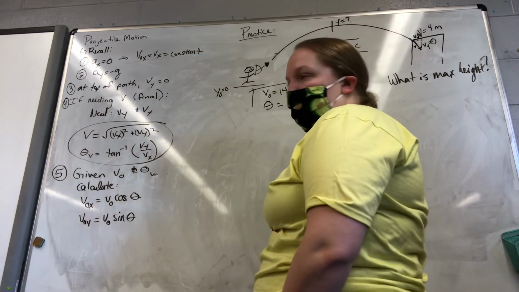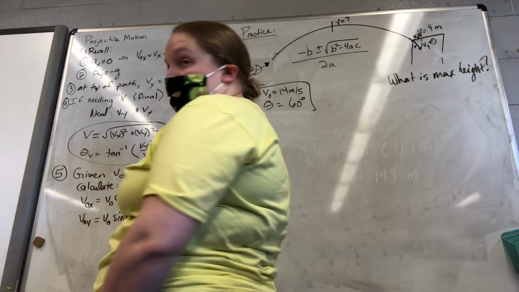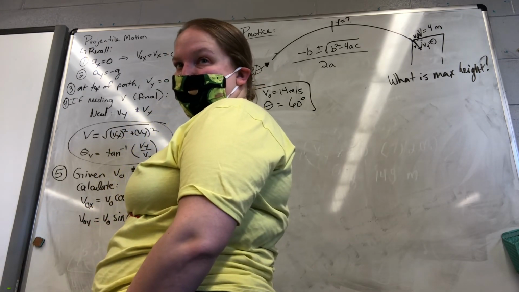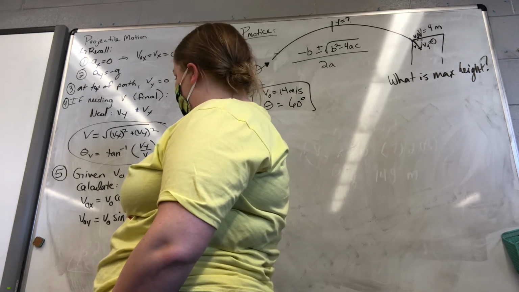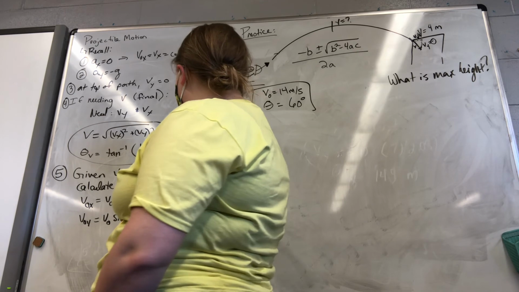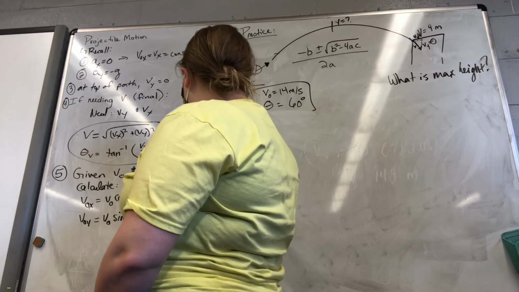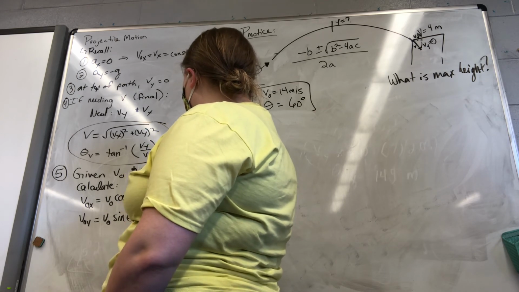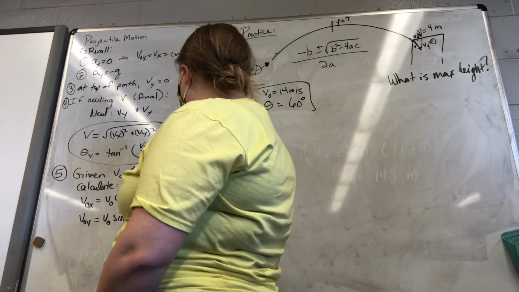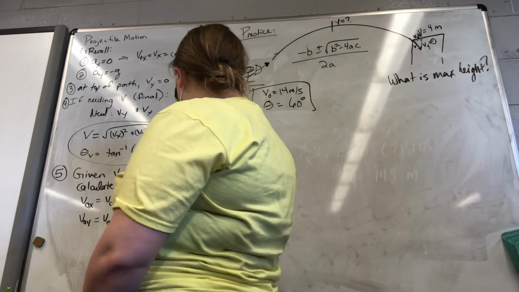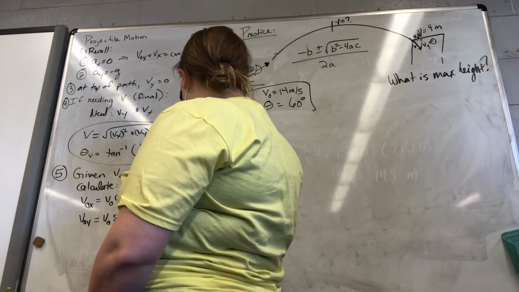I'm just gonna erase it because my circles are getting out of hand. X initial, Y initial. X and Y. V naught X, V naught Y. VX, VY. AX and AY, and then time.